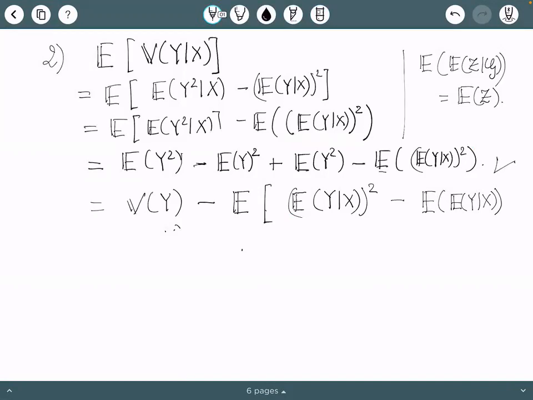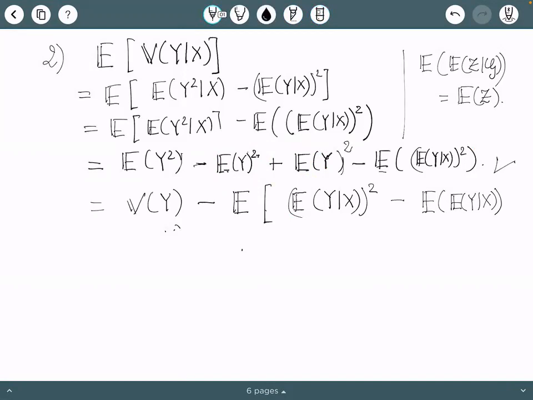Now I understand. Here the square is outside, but here I put it inside. I subtract this and I add, but they are not the same. That is the reason for which there was a mistake. The square is outside here.